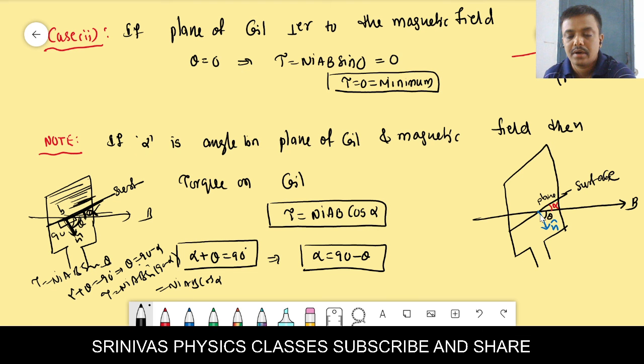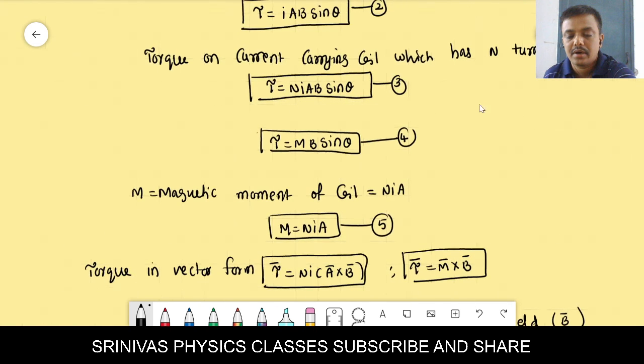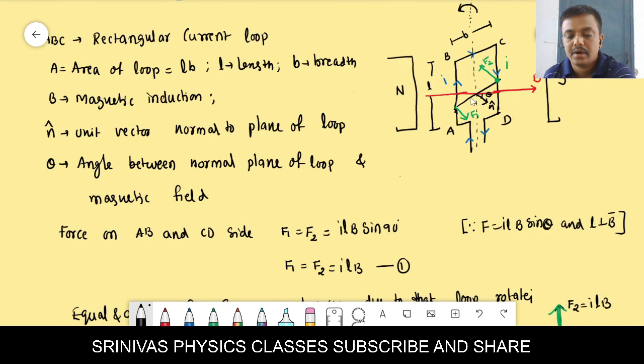If they give the angle between the normal to the plane of the coil, normal meaning a line perpendicular to the surface, and the field as theta, then the torque formula is what we derived previously, NIAB sin theta. Just now we derived it here. This is n cap, this is the field. Angle between the n cap and the field.